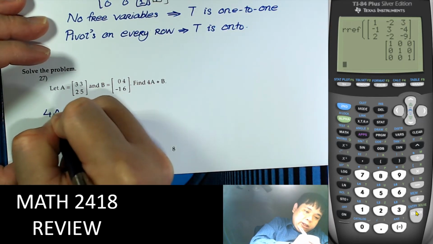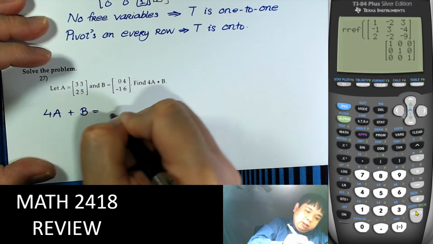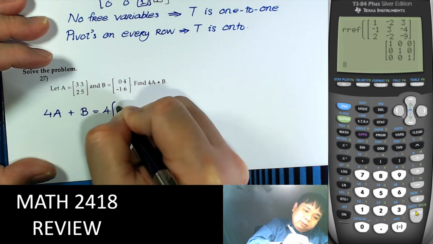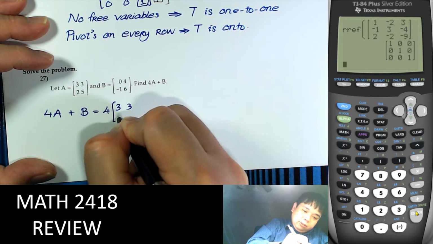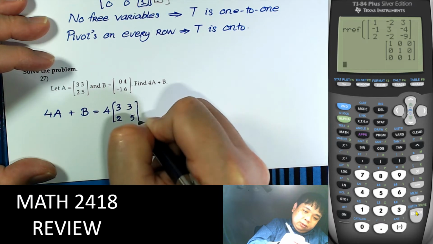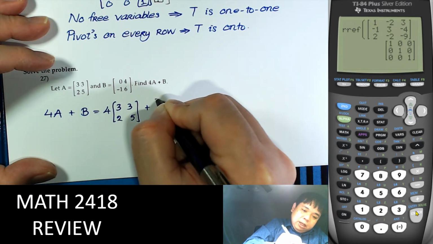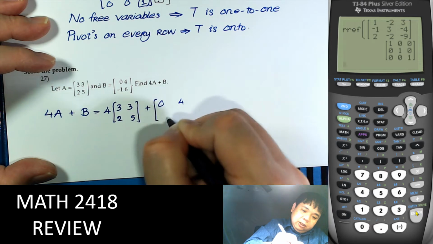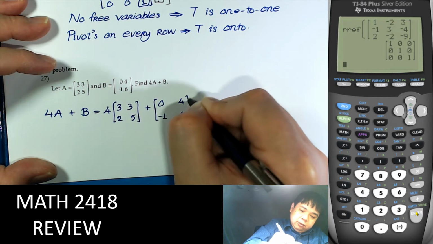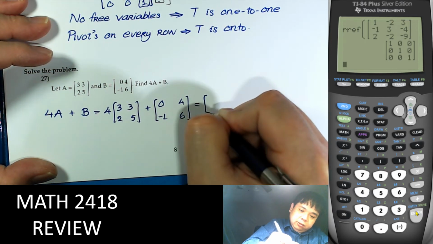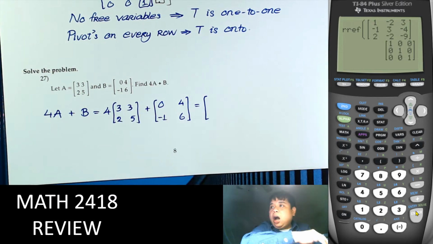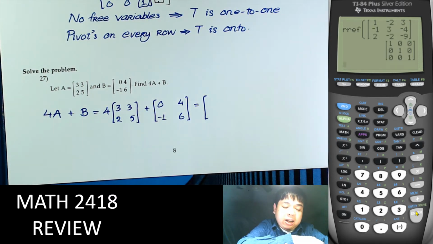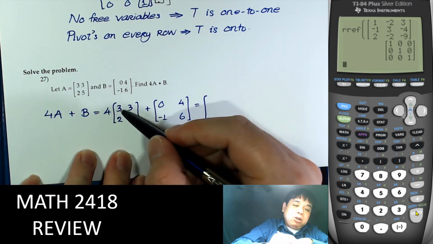For 4A plus B, we multiply, divide, and then add or subtract. We don't have divide here, we just have the scalar multiplication actually.